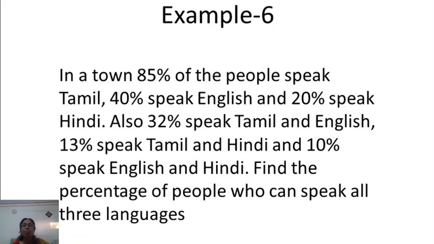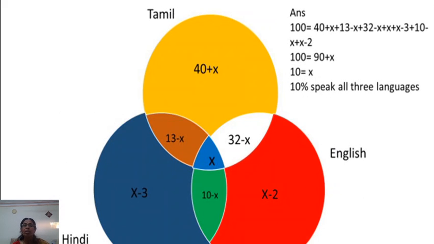In a town, 85% of the people speak Tamil, 40% speak English, 20% Hindi. 32% speak Tamil and English, so this part Tamil and English is 32%. Tamil and Hindi is 13%, and English and Hindi is 10%, and these are remaining.